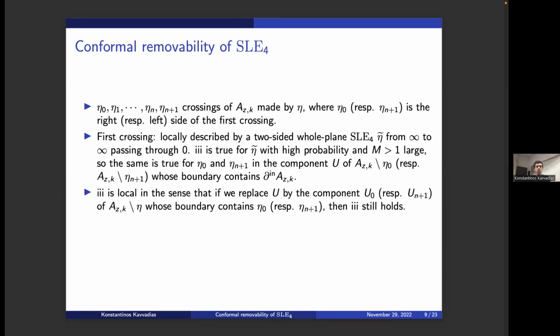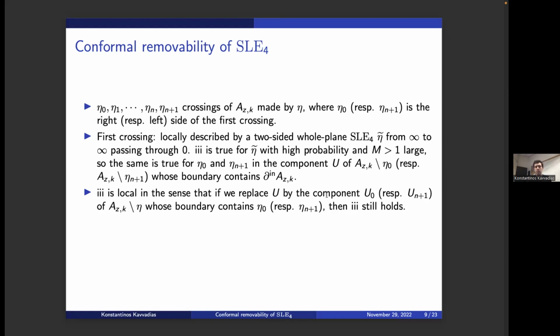But the point is that condition 3 that I described earlier is local, in the sense that if we replace this component U of the complement of the first crossing by the components of the complement of the entire curve in the annulus, whose boundary contains the right and the left side of the first crossing, then condition 3 still holds, possibly by taking the segment to be smaller.